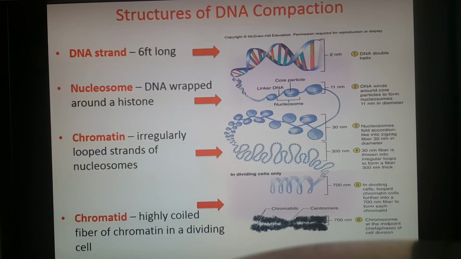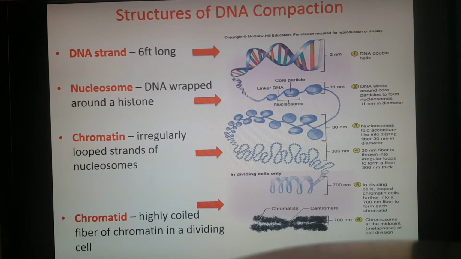With the massive amount of DNA in our nucleus, in order to have some order and structure, so it's not just a bunch of strands loosely pushed into our nucleus region, there is a way to compact DNA so that it is organized.